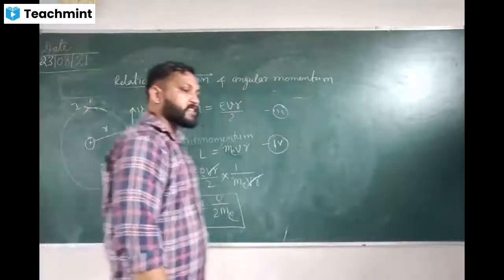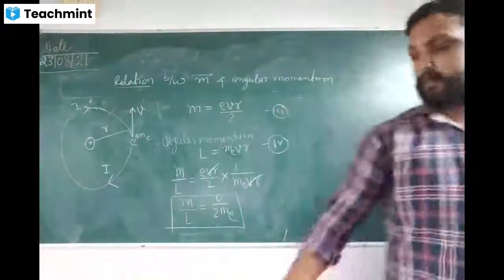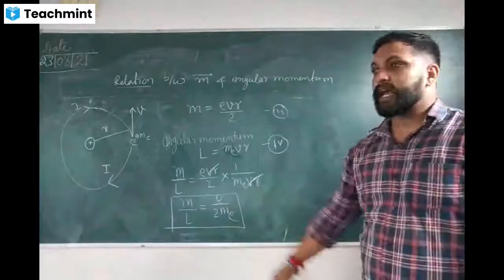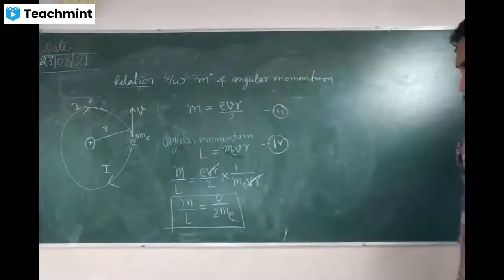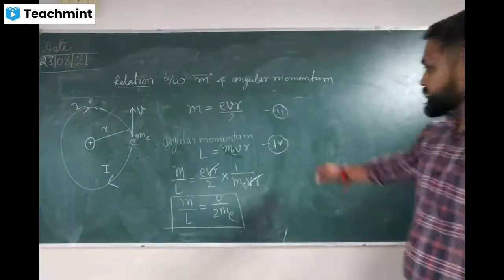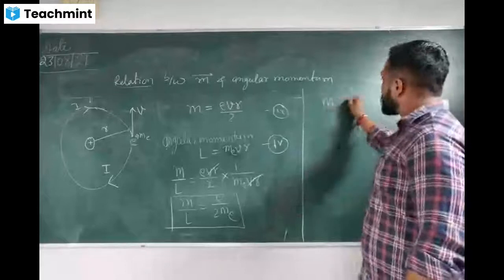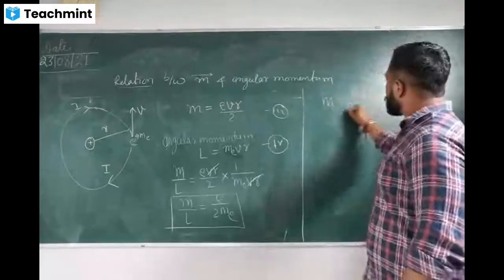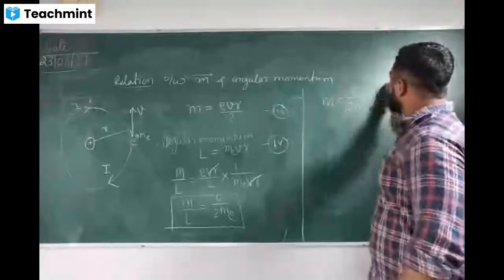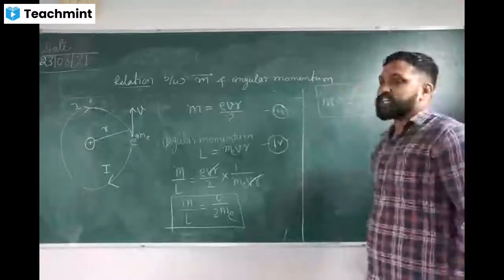So this is the relationship between angular momentum and magnetic dipole moment. They both are vector quantities. So what can I write? I can also write this as M equals e upon 2m_e into L. This is in terms of magnitude.